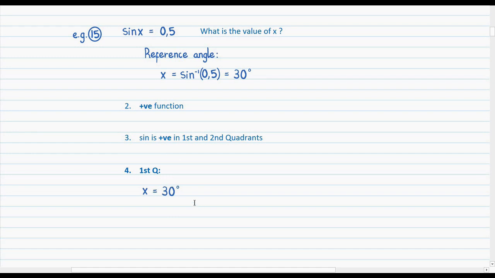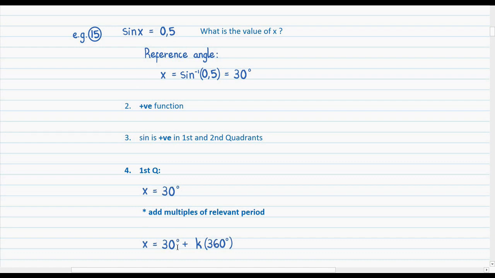So to finalize this as a general solution, you add in multiples of 360 degrees, like this, where k is usually the letter used to represent a multiple of the period, and k needs to be an integer, meaning a whole number. It doesn't matter whether it's positive or negative. Either is fine, but k just represents an integer value. So meaning 30 plus any integer multiple of 360 degrees will satisfy this equation.